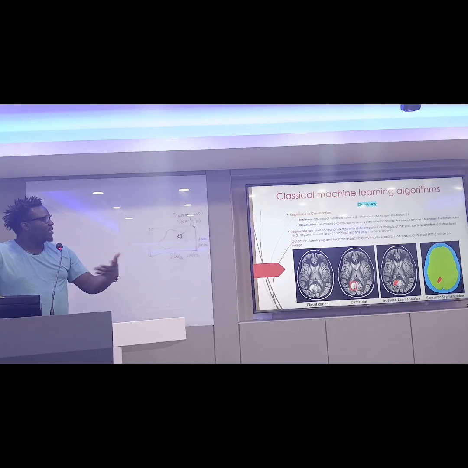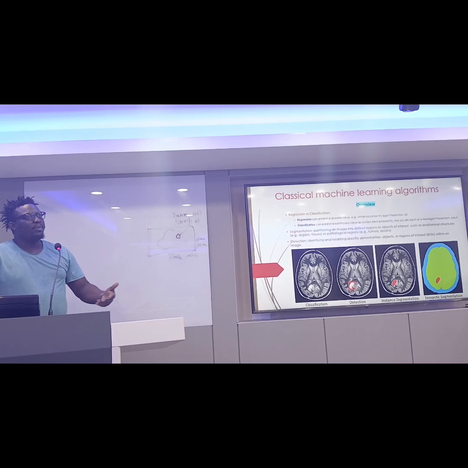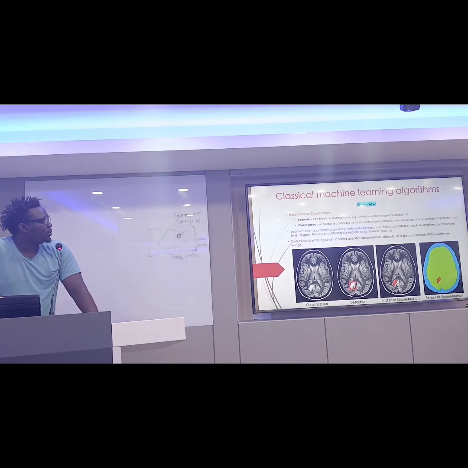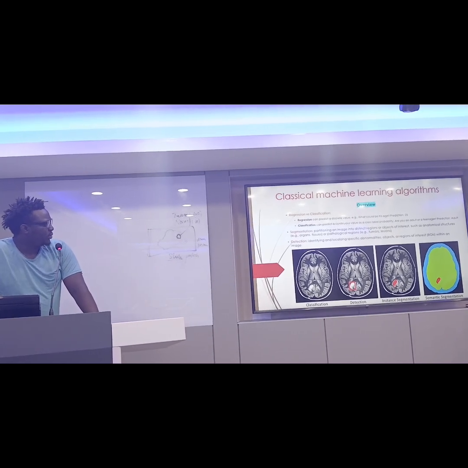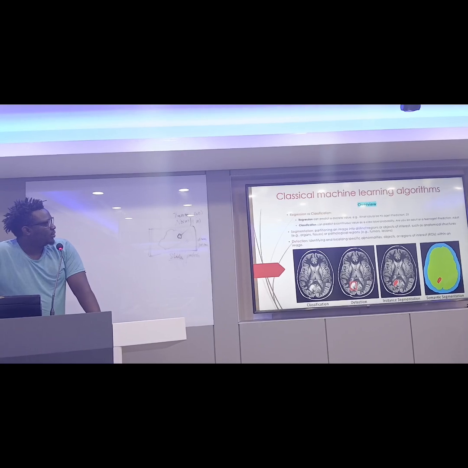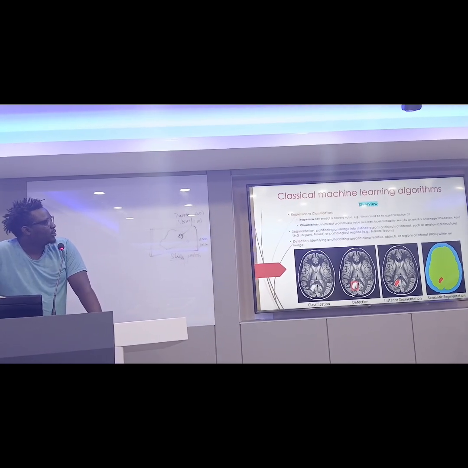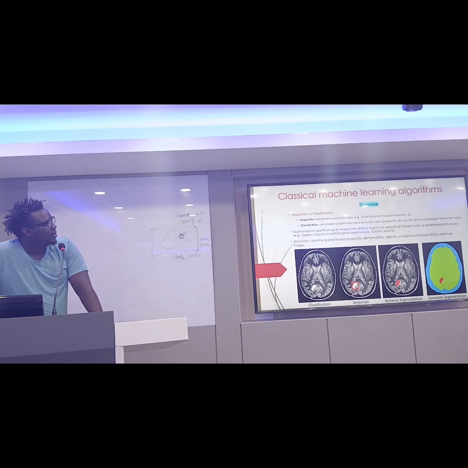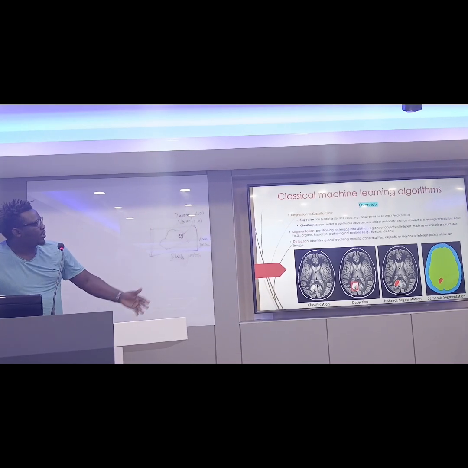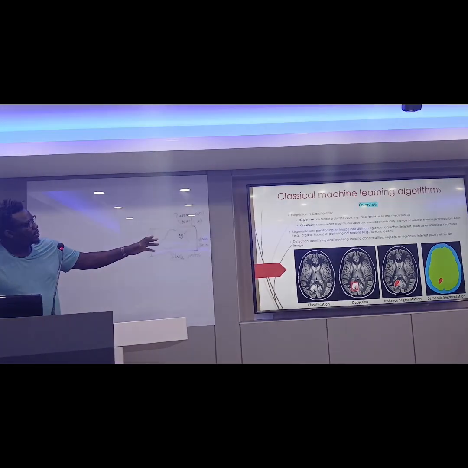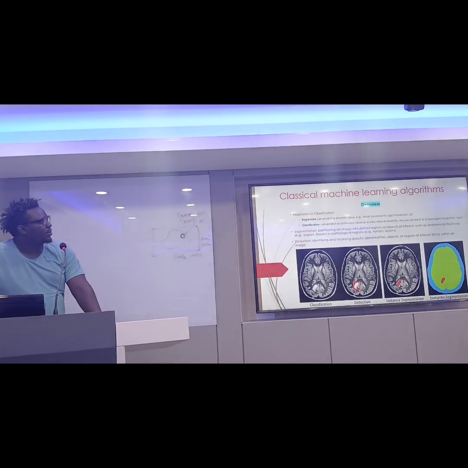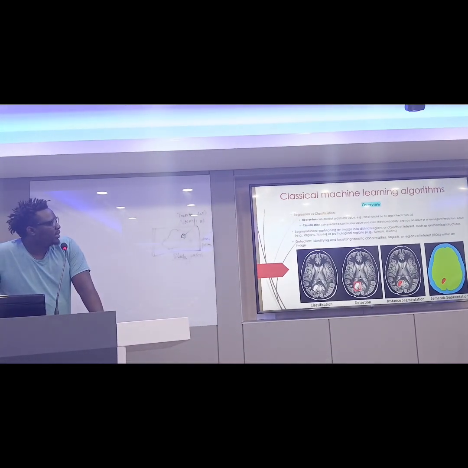If you have an assignment, know exactly whether you are going to apply classification or regression. It's very important. And also, segmentation. What is segmentation? It means that you partition an image into distinct regions or objects of interest. For example, you can partition the organs according to some classes or maybe some pathological regions.